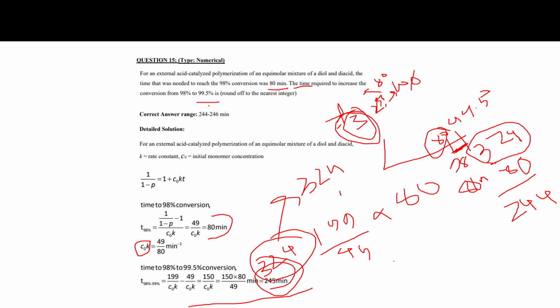So when it asks how much time is required between these two, you have to subtract the given time for the first conversion percentage. But if it asks how much time is required for 99.5% conversion, then your answer will be 324, the total time. Okay, sir, I got it.